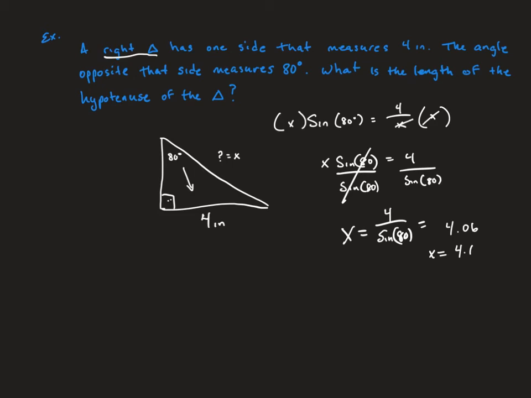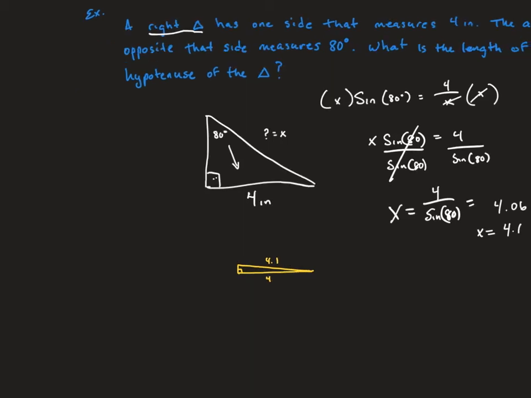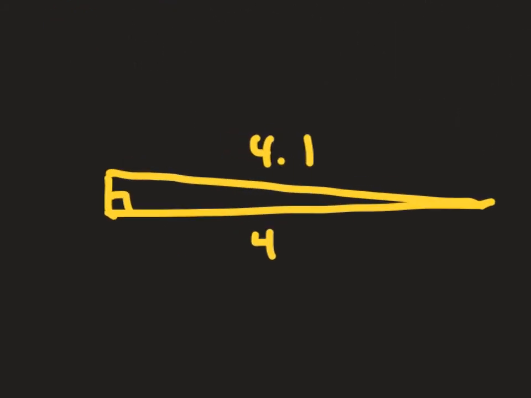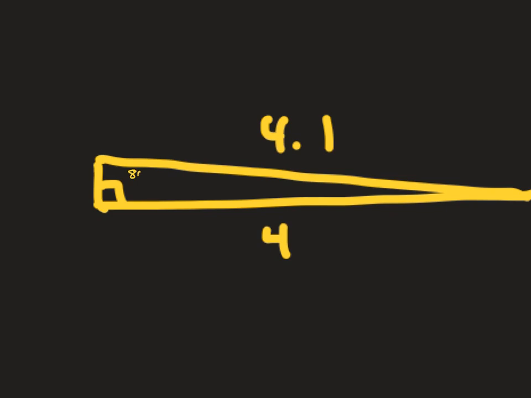So that is barely longer than the other side. So if we were to draw this more to proportion, it might look something like this. And then, of course, this would be 80 degrees. This would be 10 degrees. There you go.